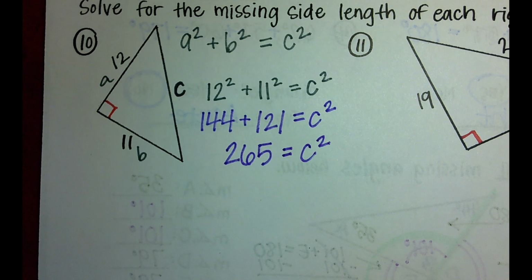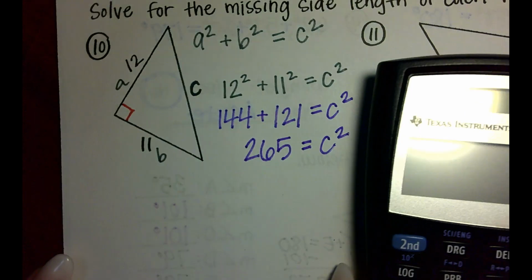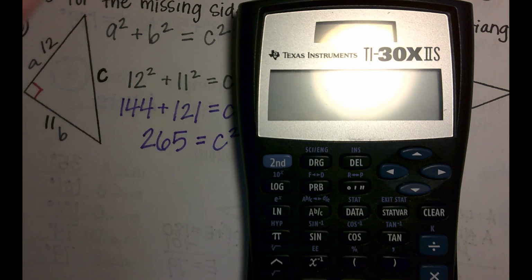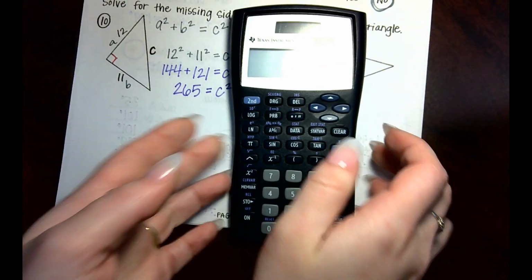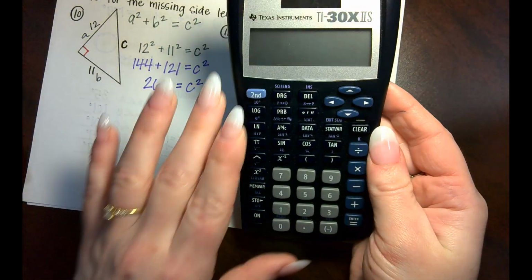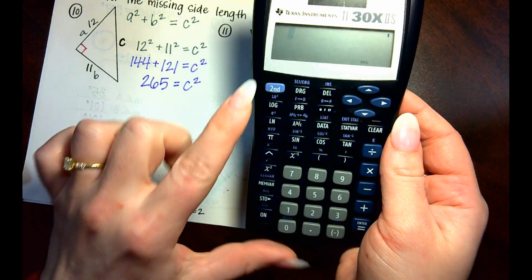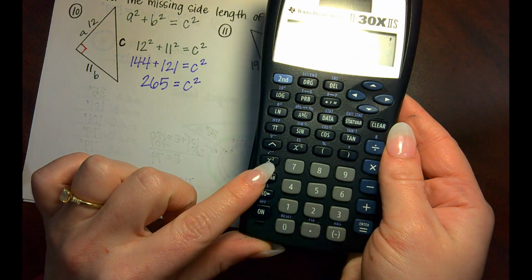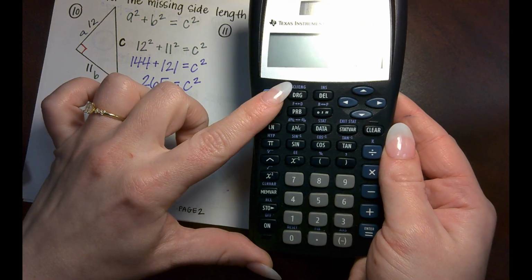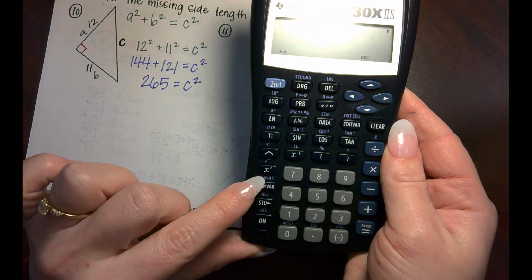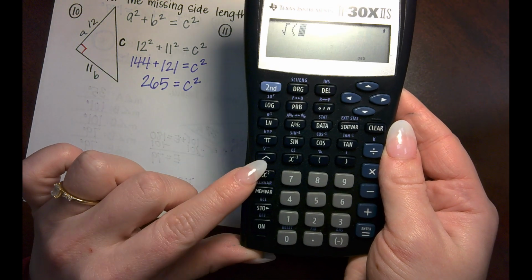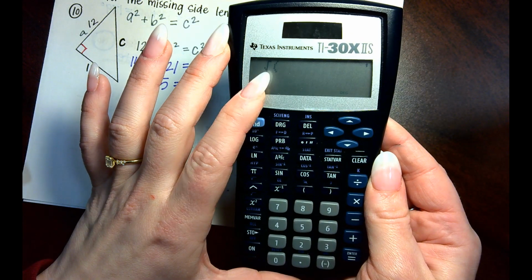Square root. Does everybody remember how to do a square root on your calculator? Okay, just in case, I'm going to show it on here for those that might not be here today. So I am going to just turn my calculator on, clear, and square root is right here. We're going to hit the second button, x squared, and now our little square root pops up.